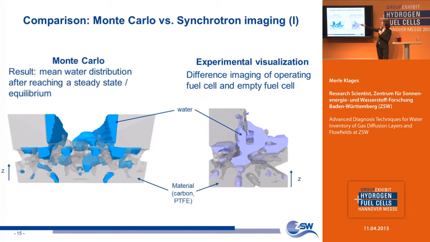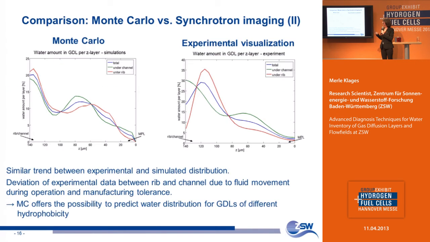These are the results taken with the experiment. You can see that inside the pores of the GDL, the water accumulates, and also inside the channel. As shown before, you can also visualize the water content in the different layers of the MPL and the substrate.